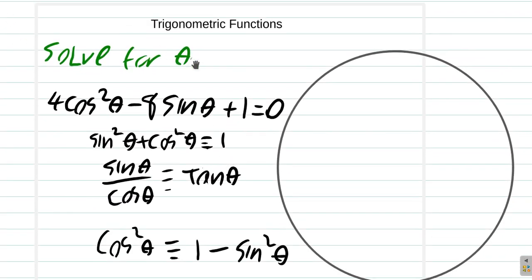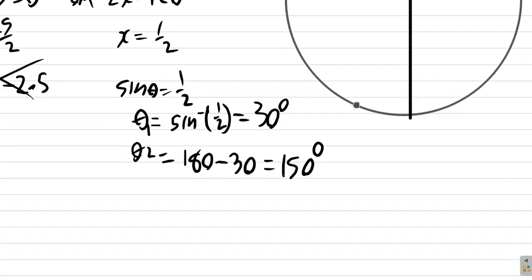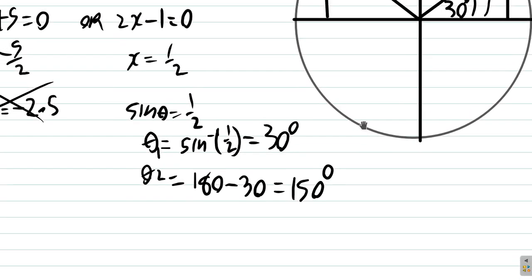I didn't specify between 0 and 360, right? Generally, it's between 0 and 360 degrees. So, what we have, answer: theta is 30 degrees, and theta is 150 degrees. Those are the two angles. When you find the sine of them, you get a half.